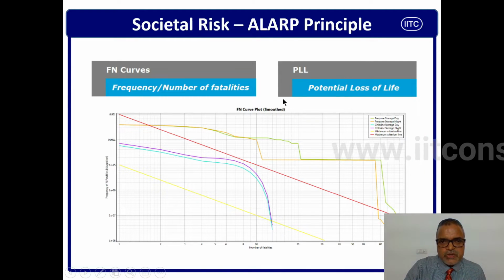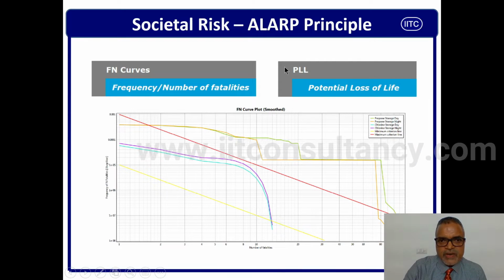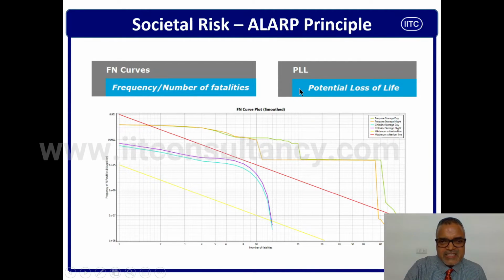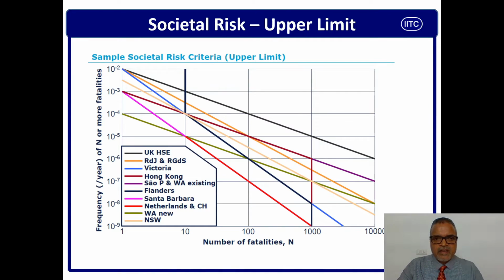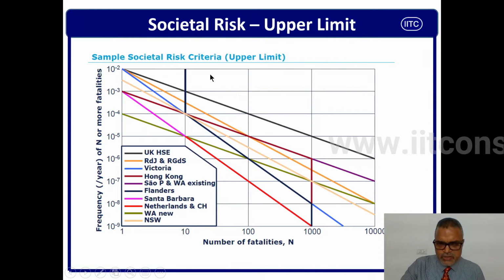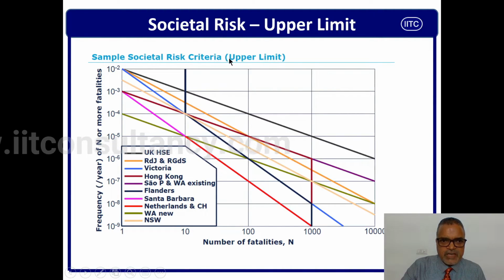Here also PLL, potential loss of life. That means in one incident, what is the possibility of the maximum number of deaths? We are going to see that over here in terms of societal risk. So this graph also represents social or societal risk, and the risk criteria for different countries are given as an upper limit.